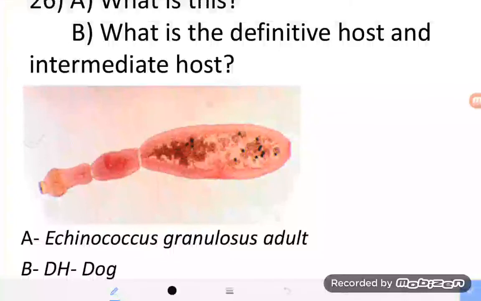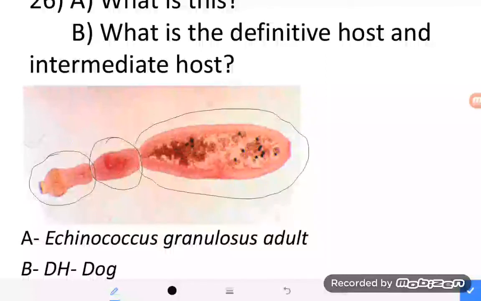Right, here you can see only three parts, actually four parts normally. This is the head part, immature segment, mature segment and gravid segment, right? Altogether the size is 5 millimeter, or 0.5 millimeter, very small, right?